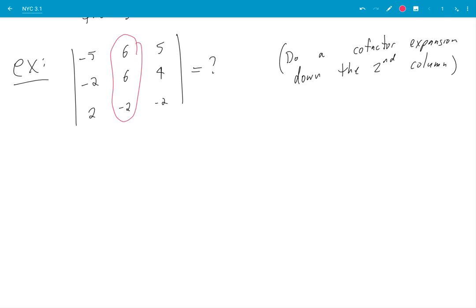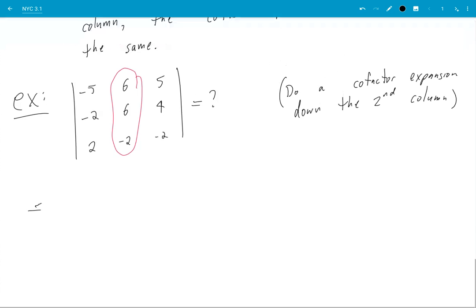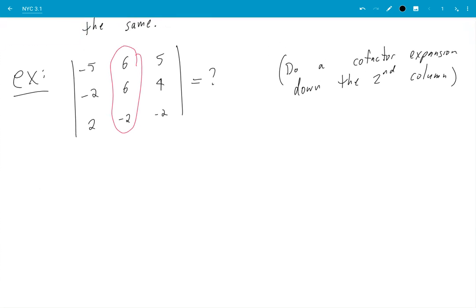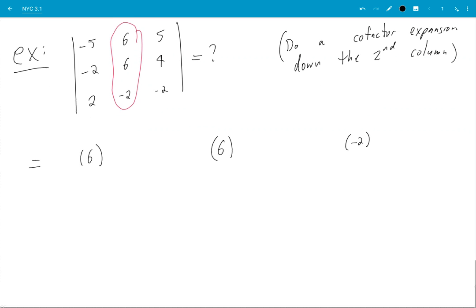So second column, take this guy. And what do you get? You have a 6, and then you have another 6, and then you have a -2.